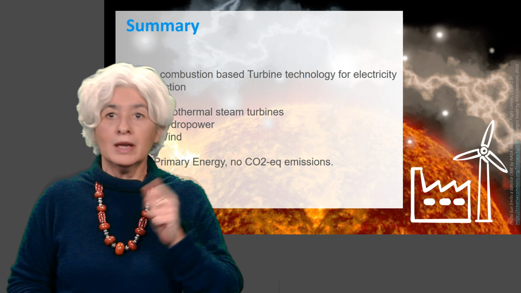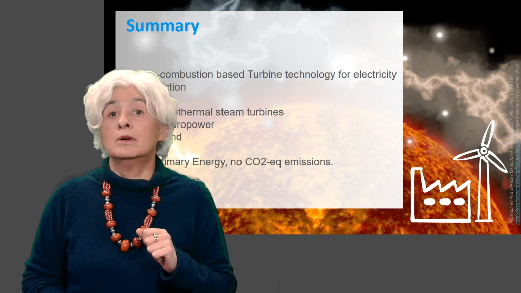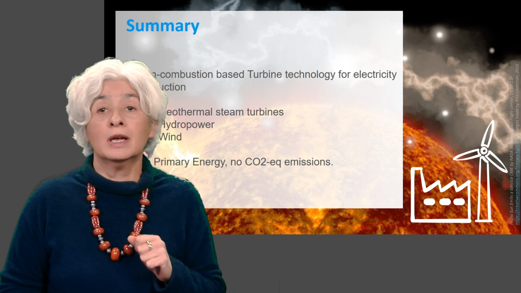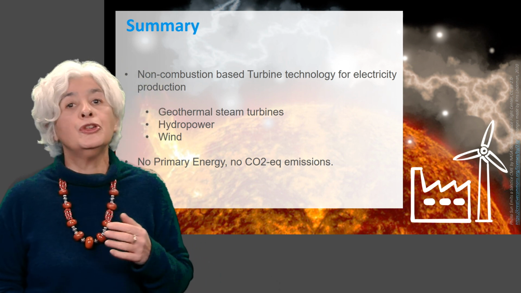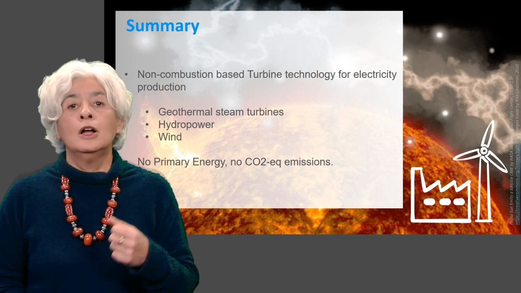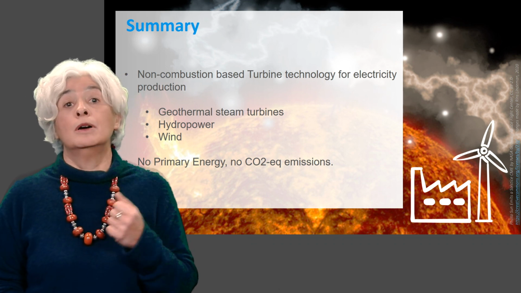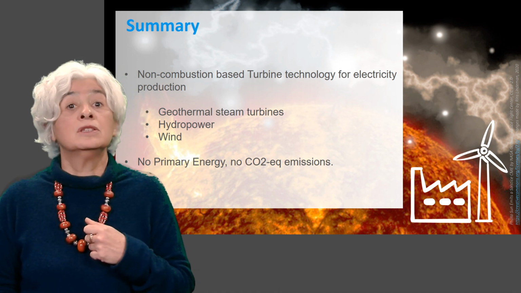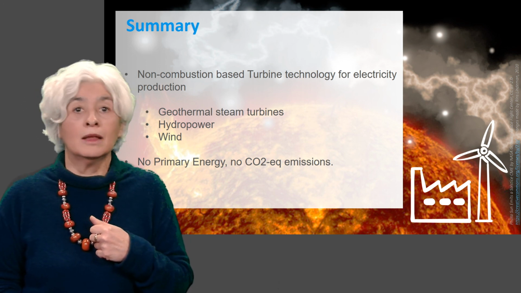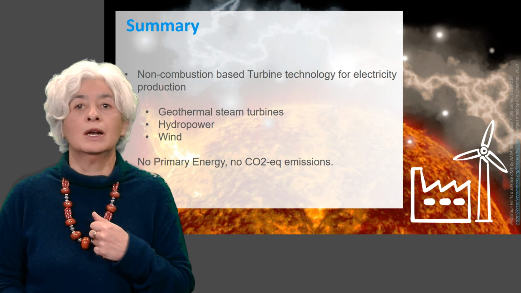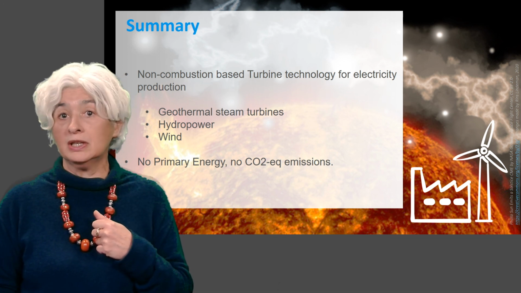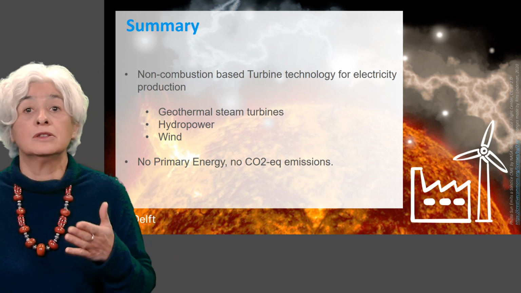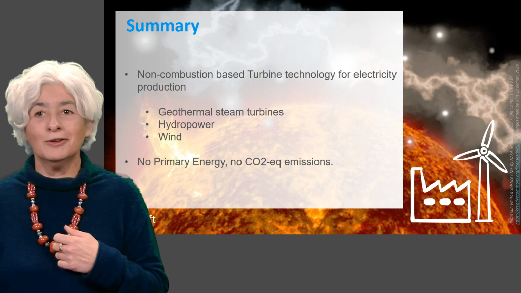The second one is based on hydropower, a very efficient way to convert potential and kinetic energy of water into electricity. Tidal energy is part of hydropower. The third one is wind power, a powerful technology at places with a lot of wind. For these 3 technologies, basic data and formulas were given to make simple calculations of power and electricity yield. Primary energy and CO2 emissions can be considered zero anyways. Thank you for your attention.